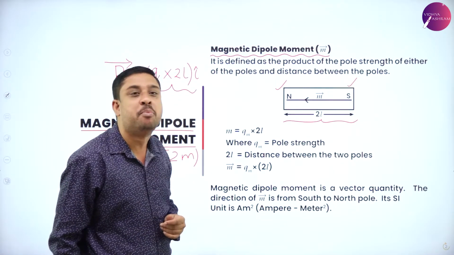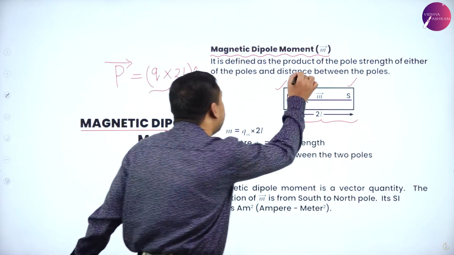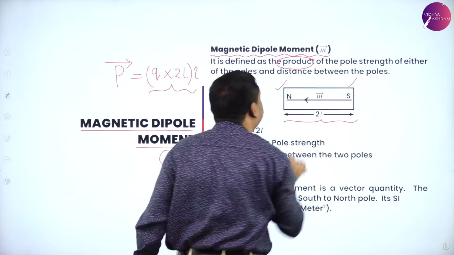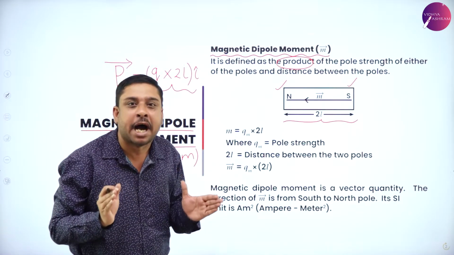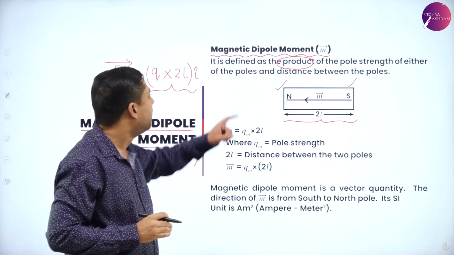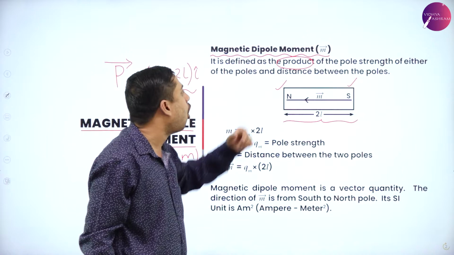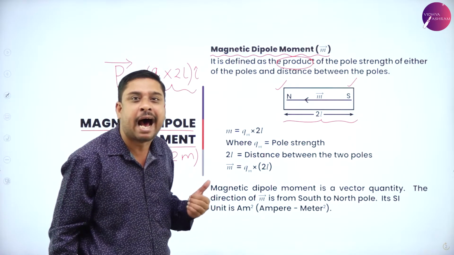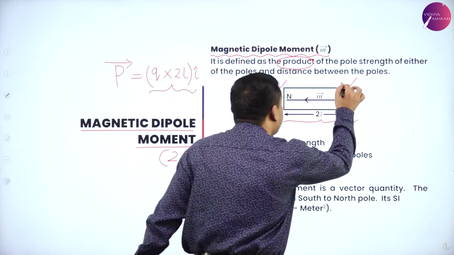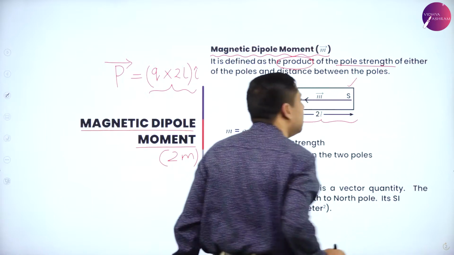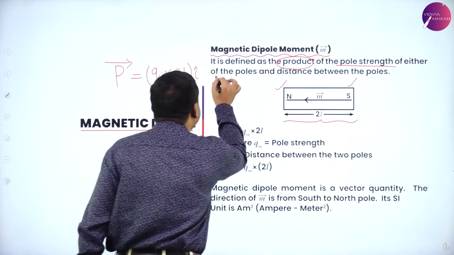Now, magnetic dipole moment is again defined as a product, as we defined electric dipole moment. Product of what? Product of the pole strength of either of the poles.